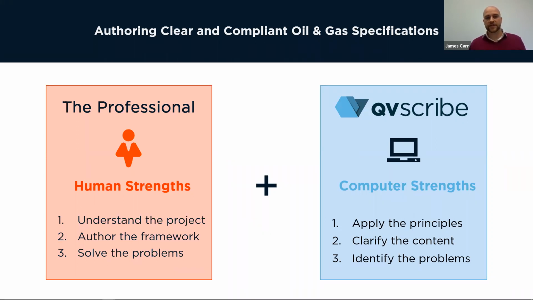So the professionals that you have working in these roles of controlling your documents are making sure that your team understands how these things can affect other companies down the supply chain and how it can throw a project off the rails if everyone's not on the same page and if we don't understand what it is that we're reading. So we want to empower those people to understand the projects they're working on, continue to author the framework of these documents, and then solve problems as they come up.